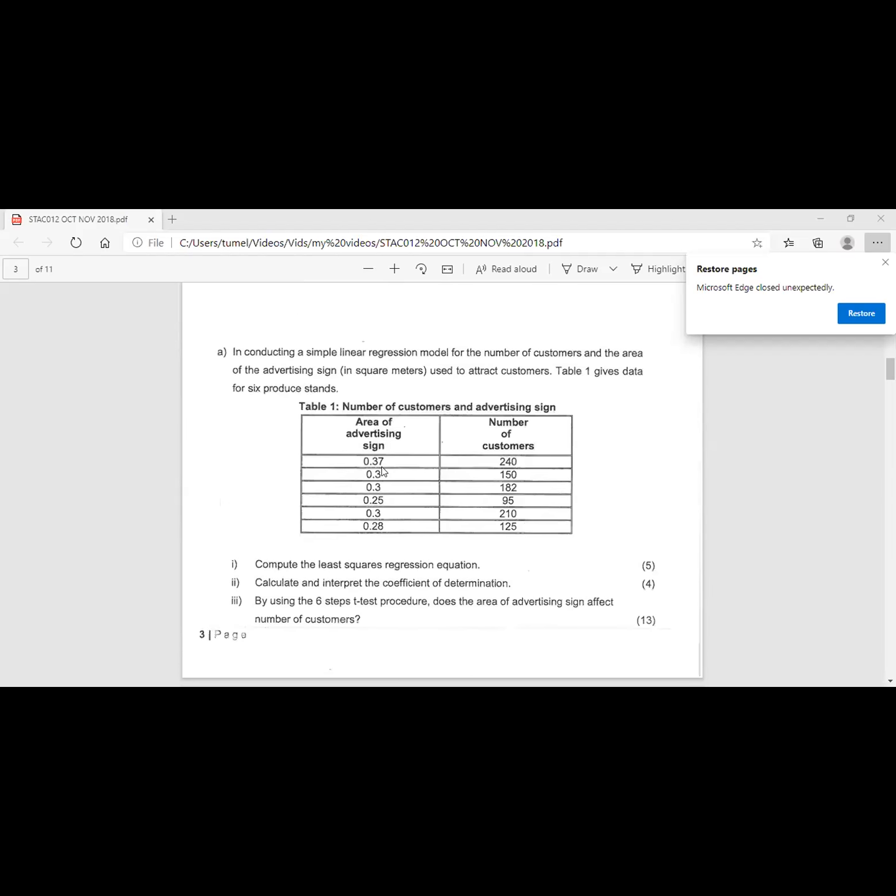But for you, there will be a lot of marks allocated to this kind of question. And even this one, step 3, by using the 6 steps. I said this one is not for your level. It's for those who are doing 012. For you, you don't need to do these complicated things.